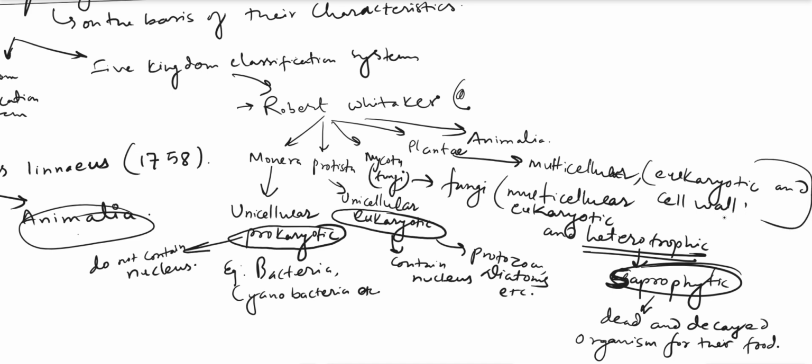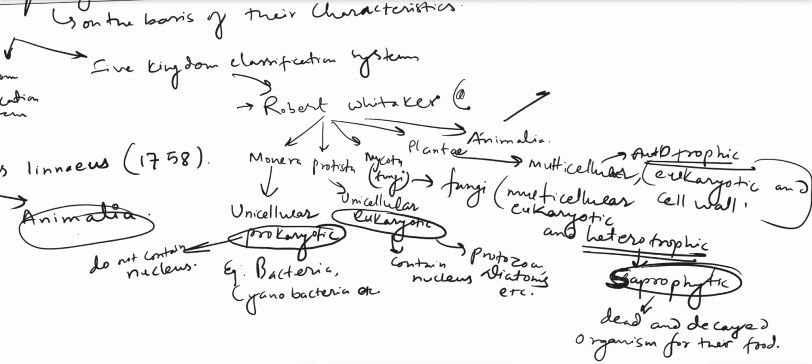Those organisms belonging to Plantae are like ferns, pines, mango, orange, lychee, and they are autotrophic. It means they produce food through photosynthesis. Autotrophic means preparing food by the process of photosynthesis.